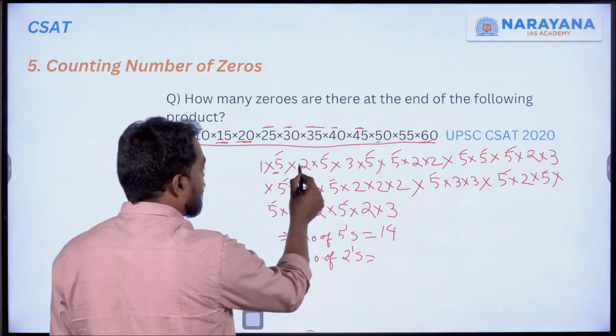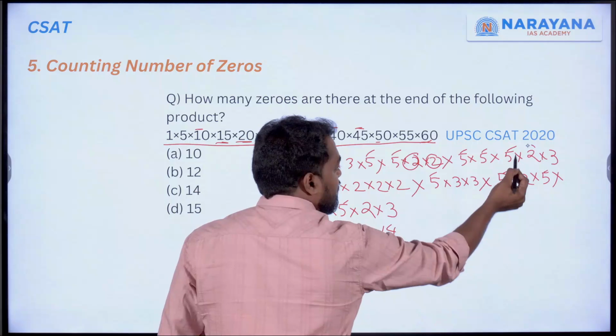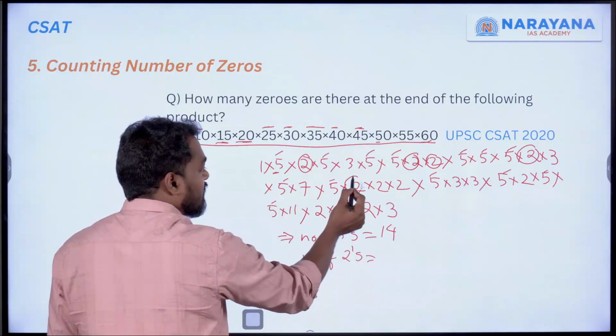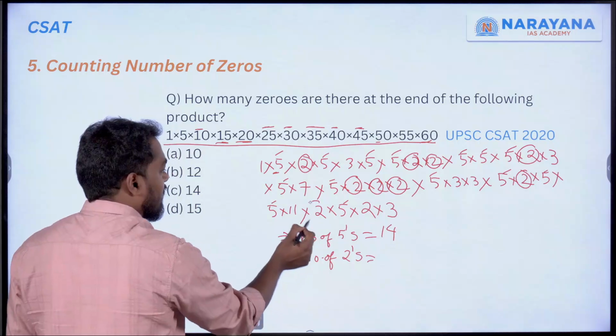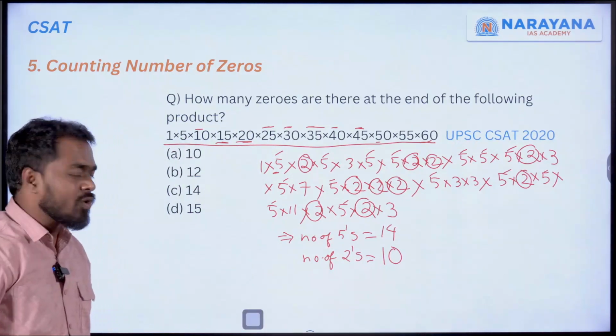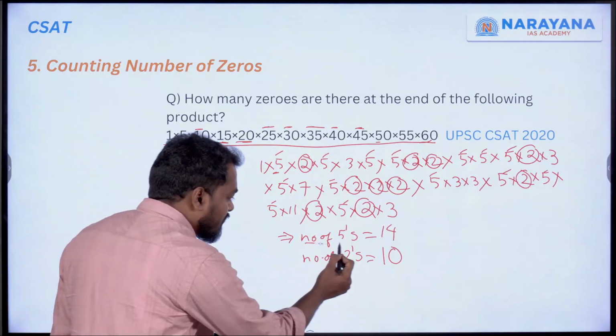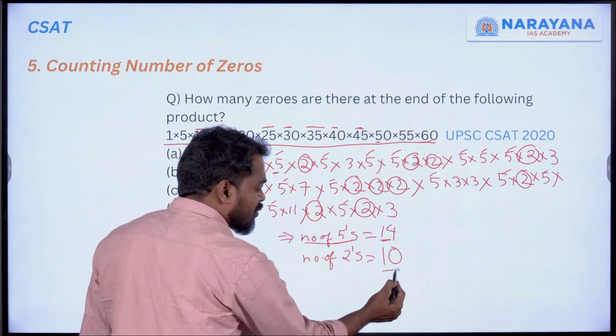Now how many 2's? 1, 2, 3, 4, 5, 6, 7, 8, 9 and 10. You can see, 14 5's are there and 10 2's are there.